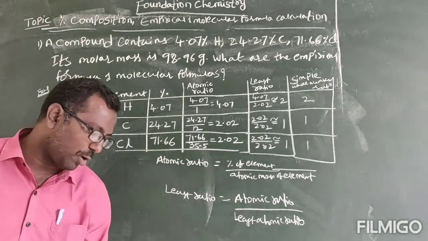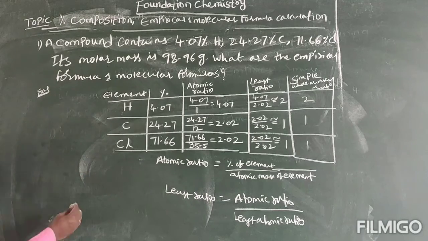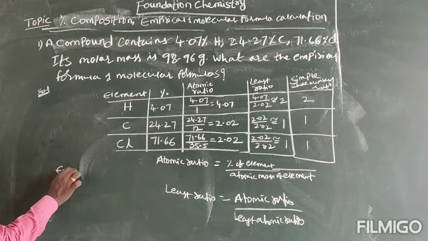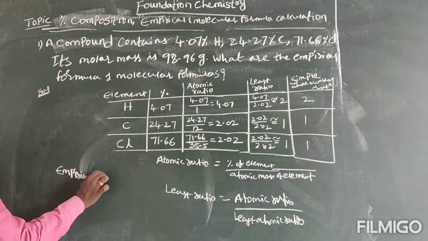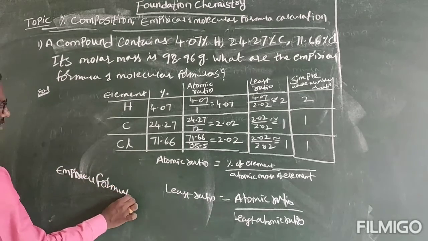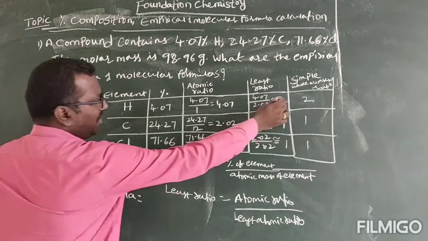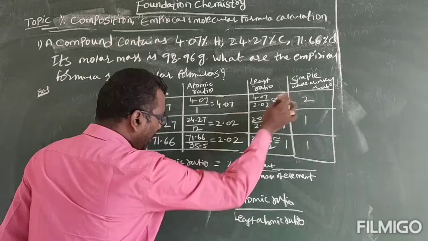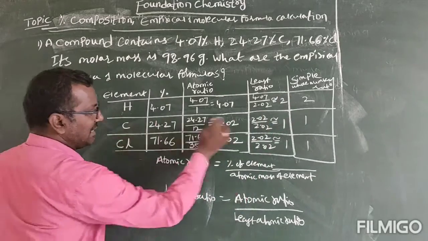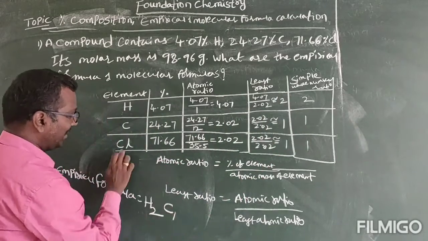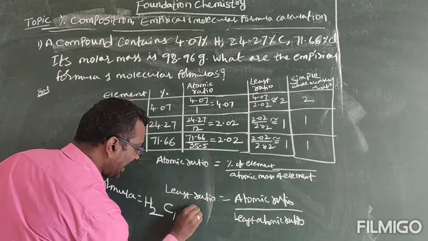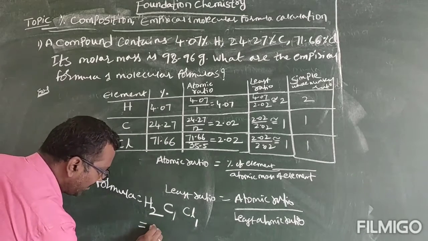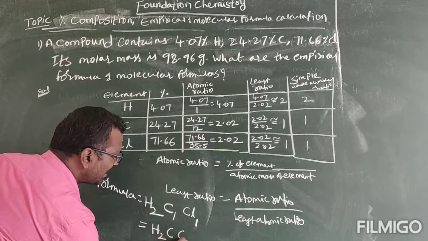Now you got the simple whole number ratios. The next step is what? Empirical formula. Okay, you see here. Empirical formula is the simple ratio H to C1 Cl1. That is nothing but you make it somewhat clear. H to CCl.